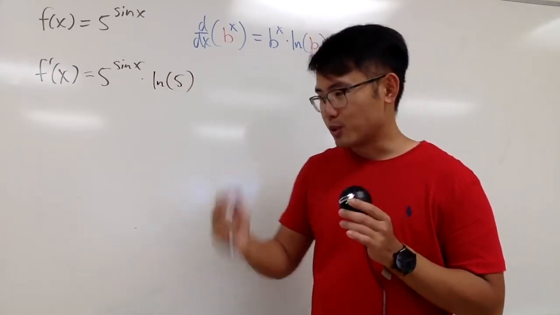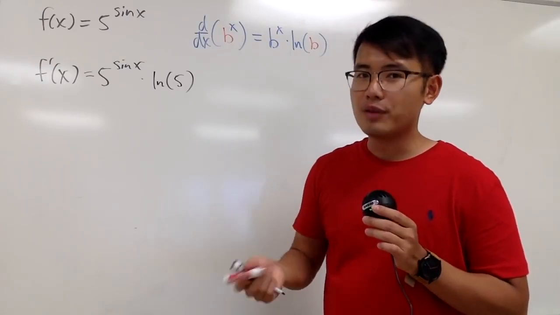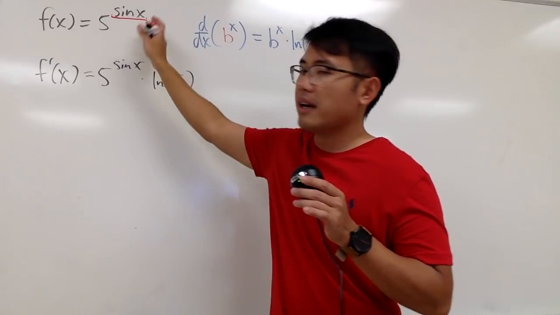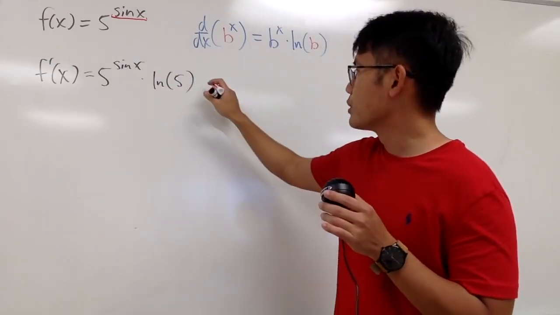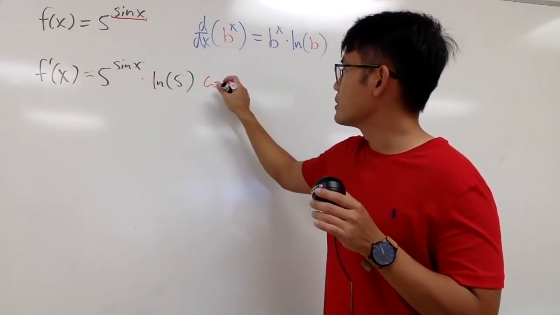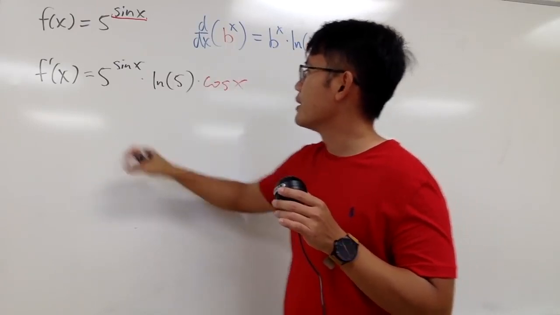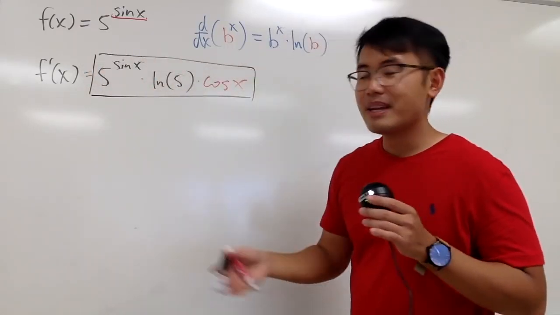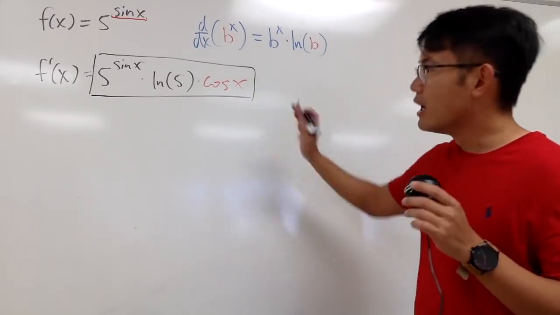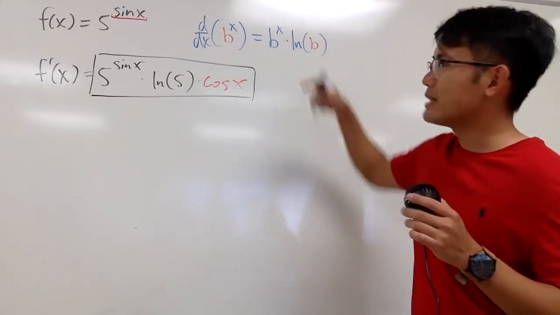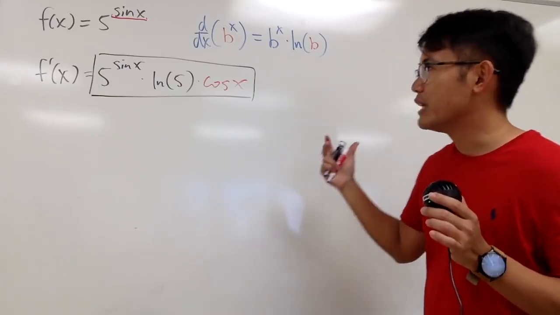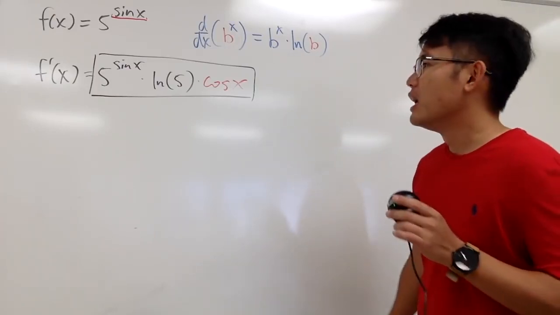However, the chain rule says we have to multiply by the derivative of inside. So if you pay attention to the derivative of sine x, which is cosine, I'm going to multiply by that with cosine x at the end, right here. So with that, this right here is it. So this is slightly confusing because it seems that we are doing the chain rule already, but the whole thing is the formula. So you can look at it as how it is, okay?